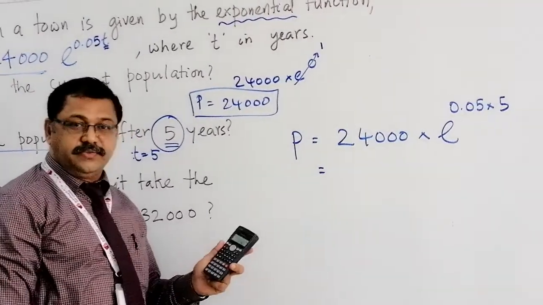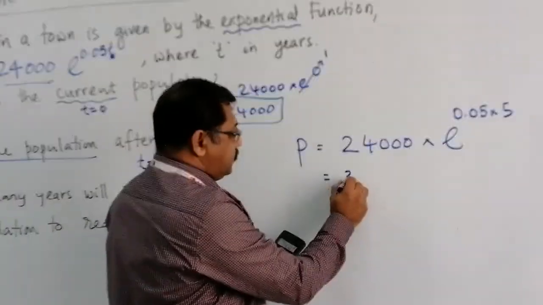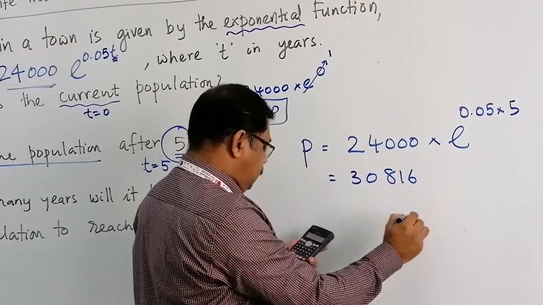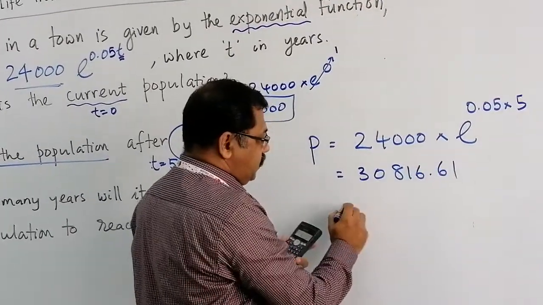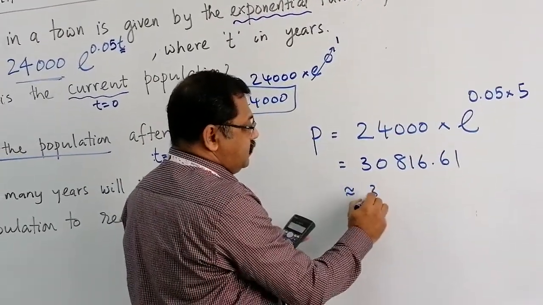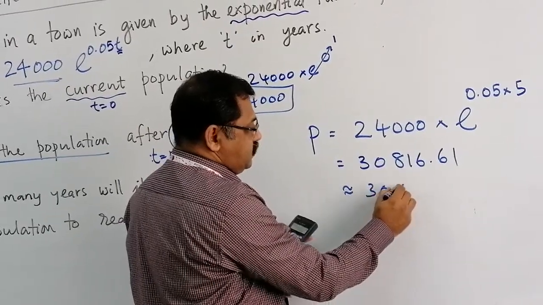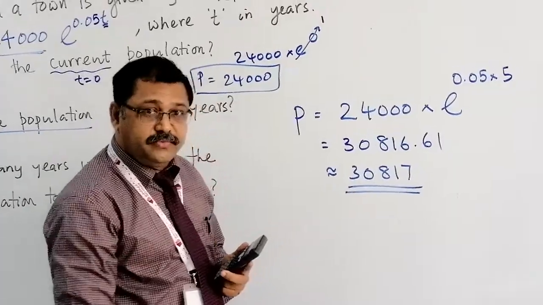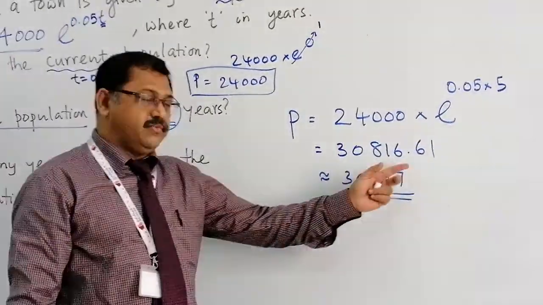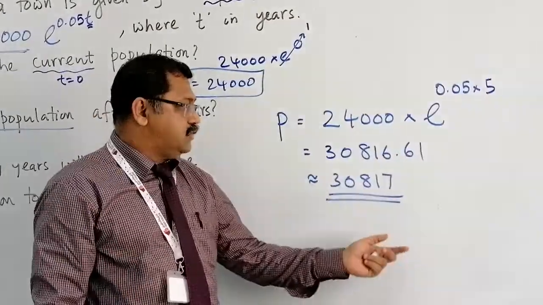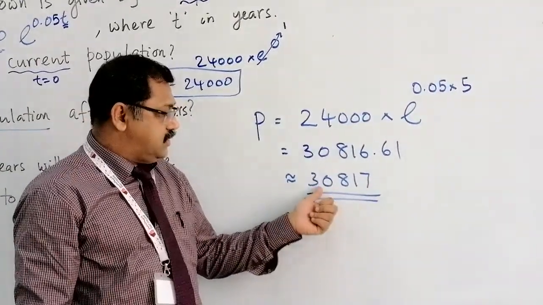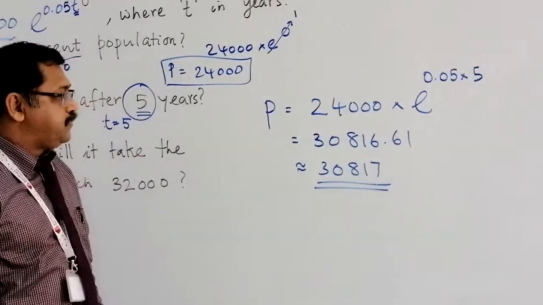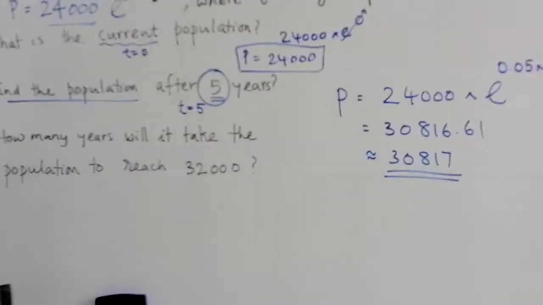The answer we can get from the calculator is 30,816.61. So we can round it as 30,870, because this is the number of people. So we cannot make it a decimal or a fraction here. So we will round it as 30,870. So this is the population after 5 years.